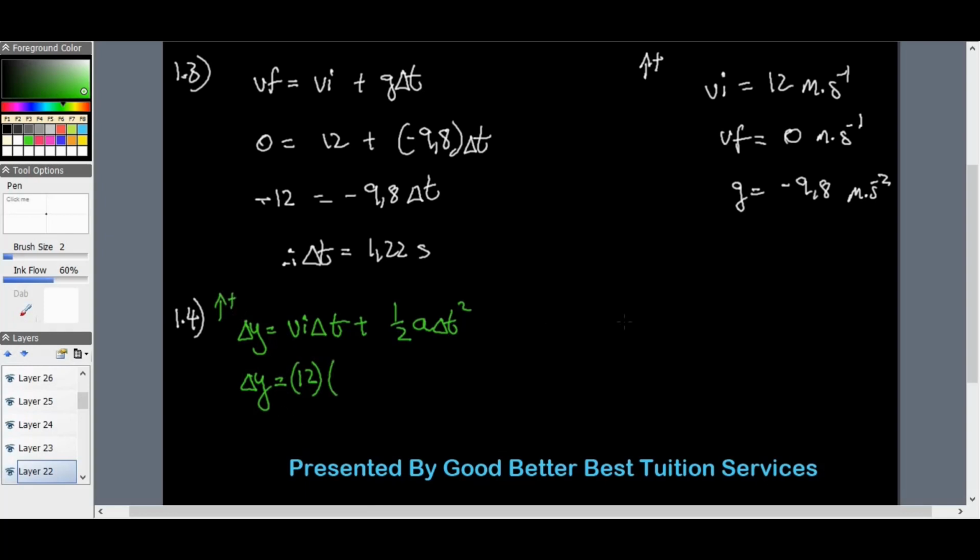And delta t is going to be 4 seconds, because after 4 seconds it struck the ground, plus half, of course, and now I add in my negative 9.8 because gravity is always going down, but my stone went up first, and 4 seconds squared. You don't get negative time. So here you get 48, and the second term is going to end up being negative because of that negative.